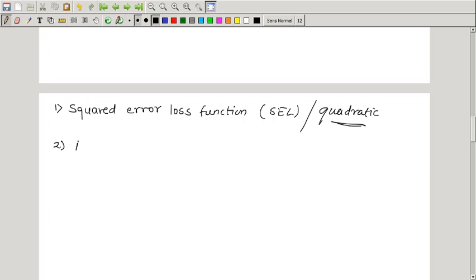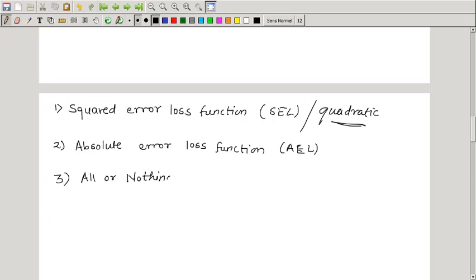Second one is the absolute error loss function, and third one is all or nothing, which is also known as the 0-1 loss function.